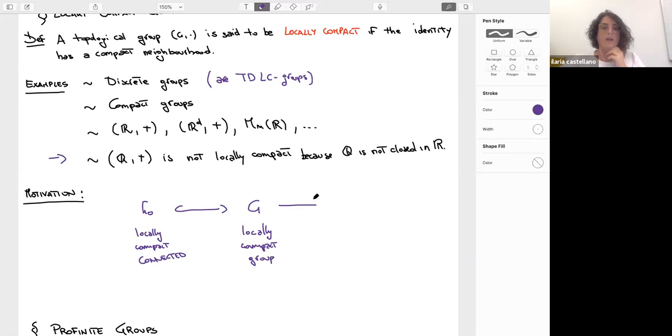As we saw before, I can quotient by this normal subgroup, which is also closed. So I get a locally compact and totally disconnected group.